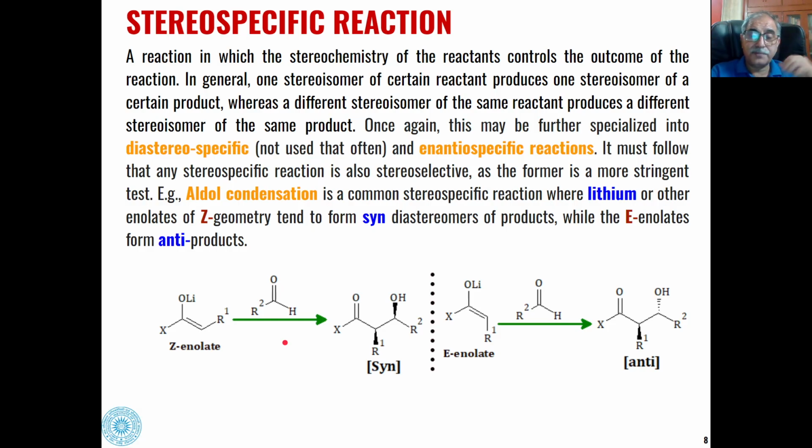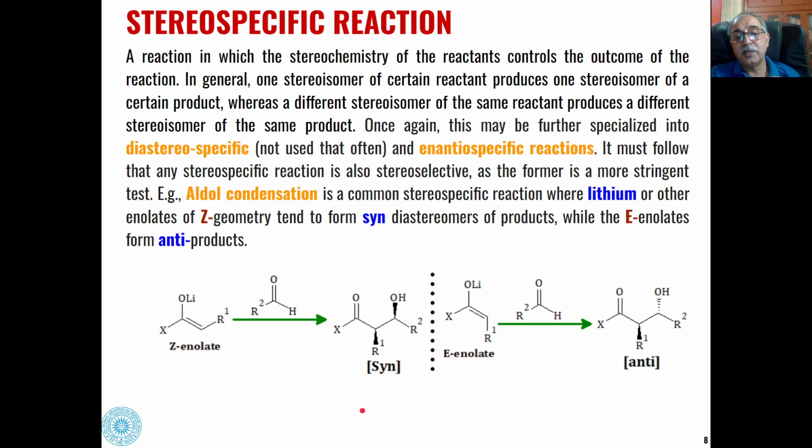For example, in the case of aldol condensation, the Z-enolate, which is formed from the reaction of a ketone with a lithium compound, when reacted with any carbonyl compound, gives the product as syn products. So syn diastereomers will be formed, but not the anti-diastereomer.